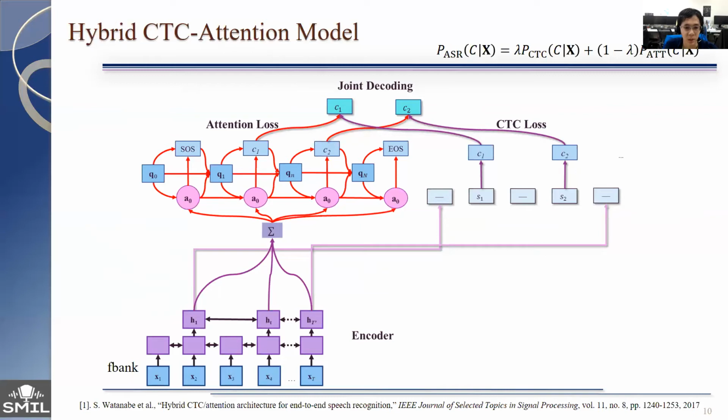This model utilizes CTC to assist the attention-based model to compensate for the misalignment problem and improve the speed of the decoding process. The objective function is shown in this slide, where lambda is introduced to specify the relative importance of CTC and attention.